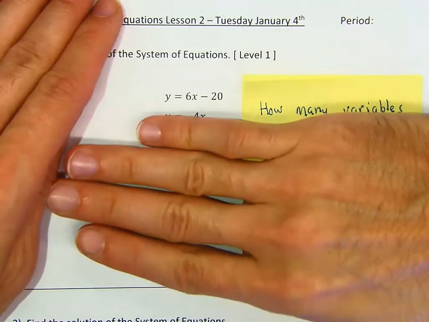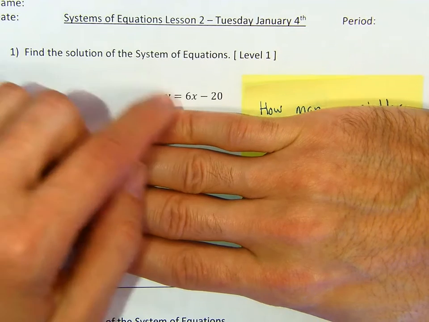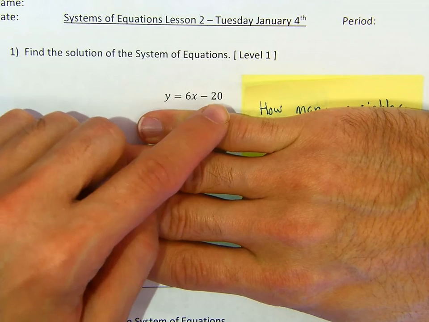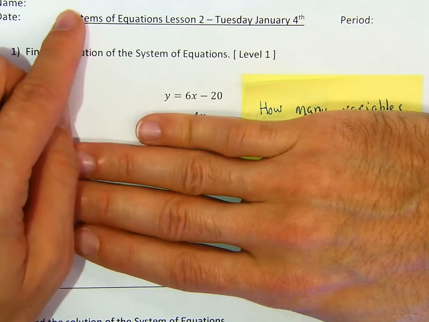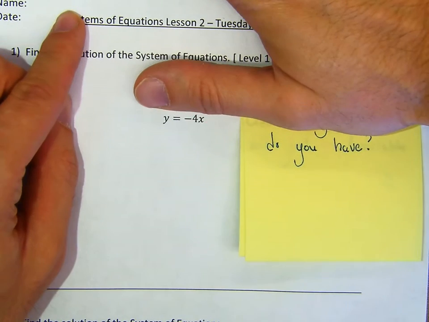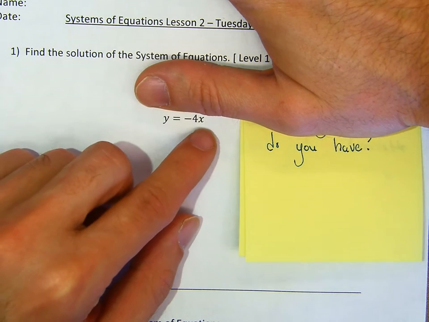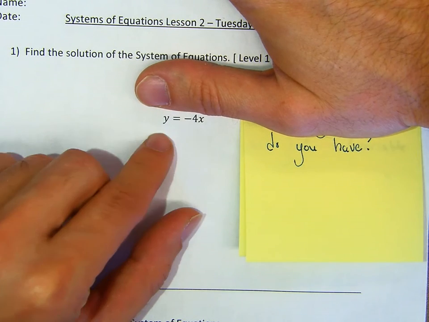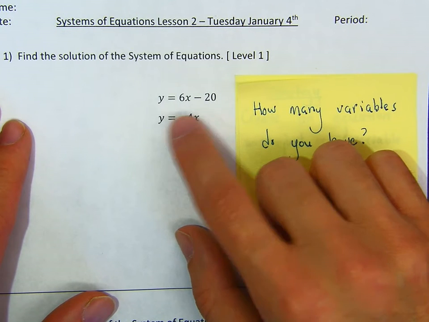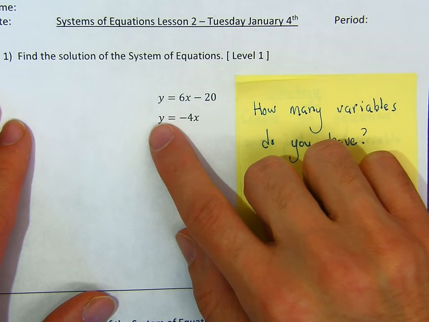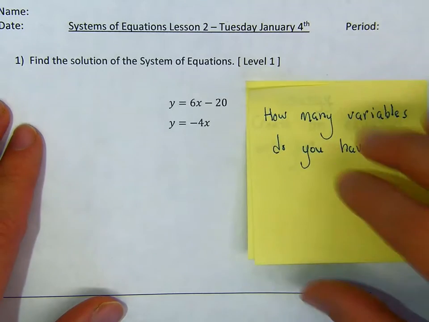If I have y equals 6x minus 20, we have two variables, the x and the y. When you also take a look at this equation, same idea. How many variables do you have? You have two, the x and the y. The game plan is, how do you get x by itself and get y by itself? And that's how we want to solve these systems of equations.